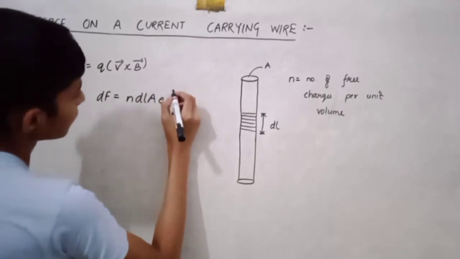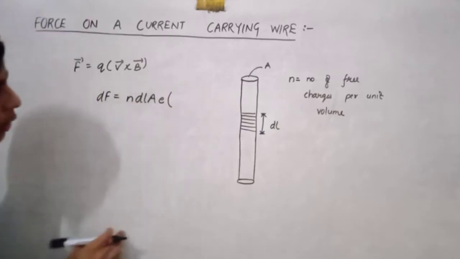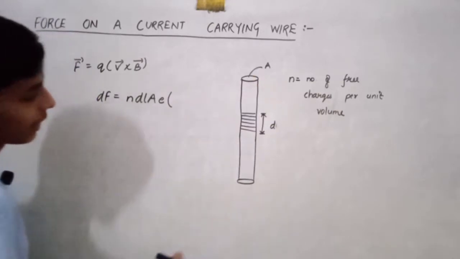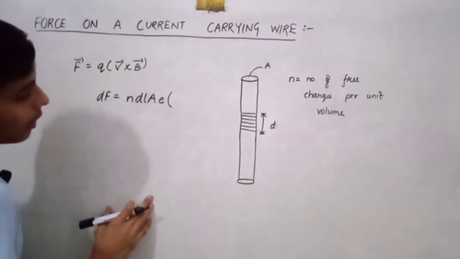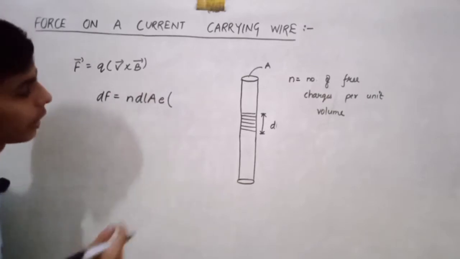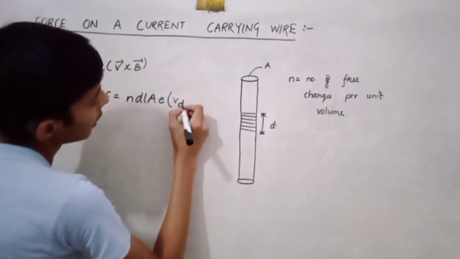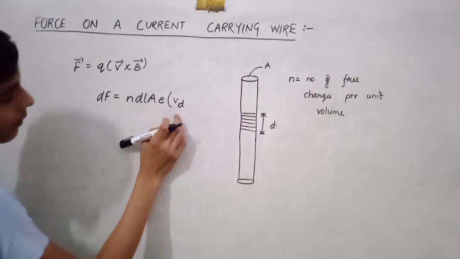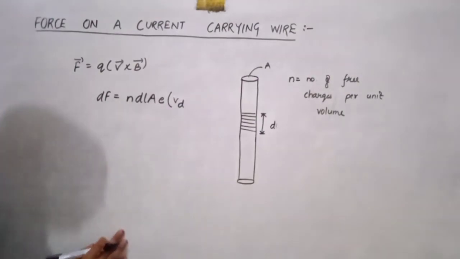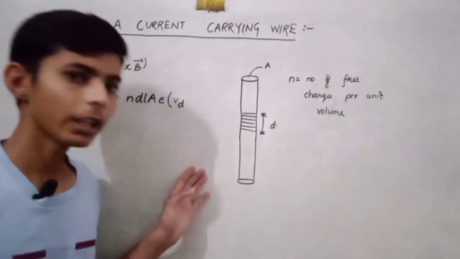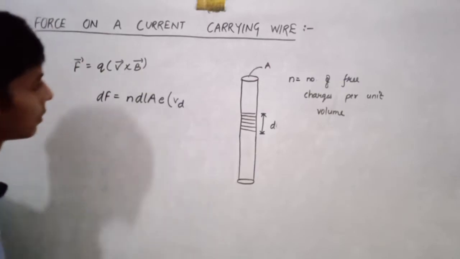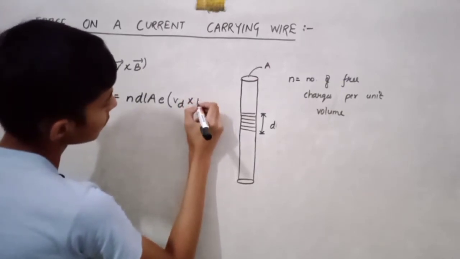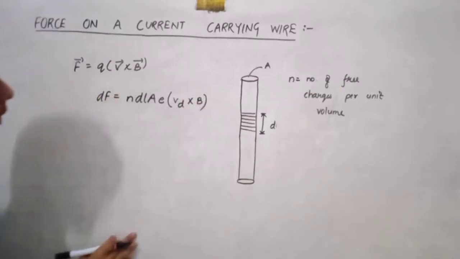Now we know that in a wire, or we can say in a conductor, electrons move with drift velocity. So here in place of v I put drift velocity, because in the wire the electrons move with drift velocity, into magnetic field.